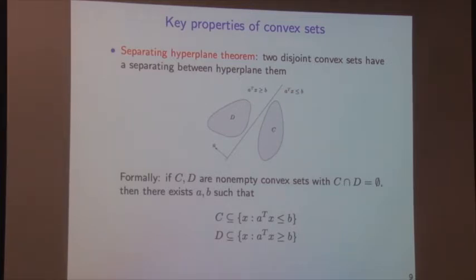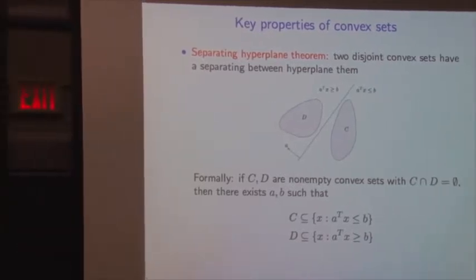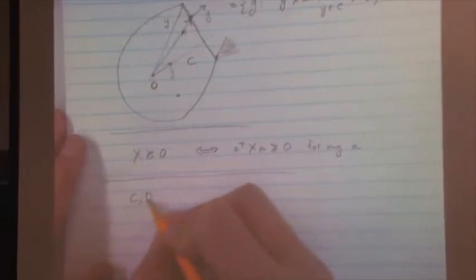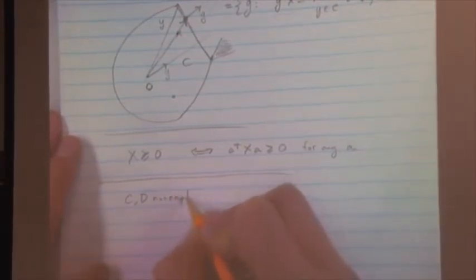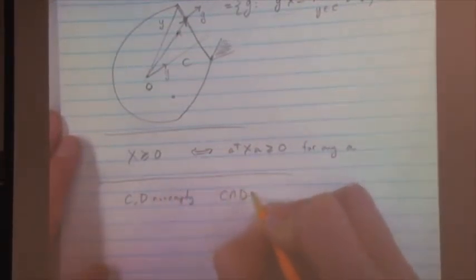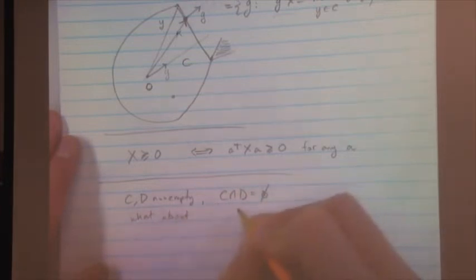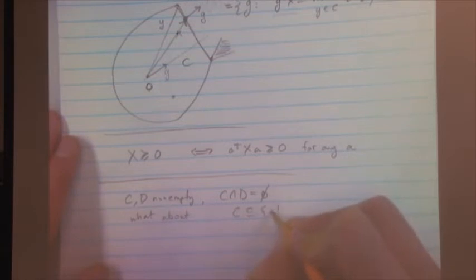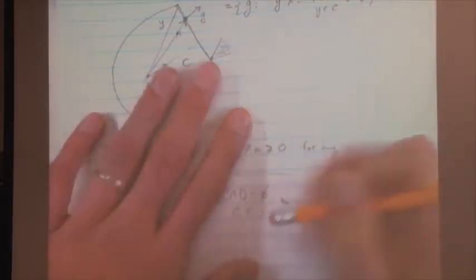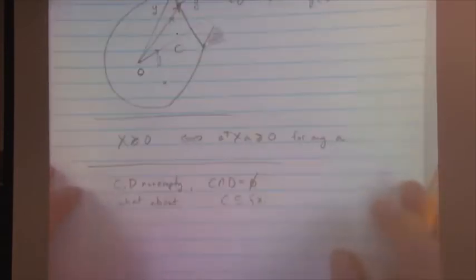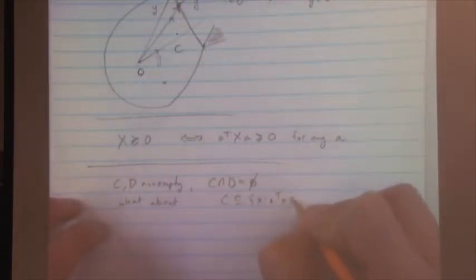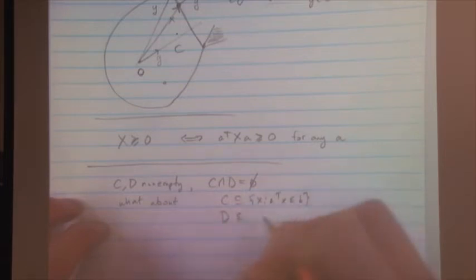That's a pretty fundamental property. Here's a question: what about strict separation? If C and D are non-empty and don't intersect, can I always find some a such that C is contained in the set of all x such that a transpose x is less than or equal to b, and D is contained in the set of all x such that a transpose x is bigger than b?